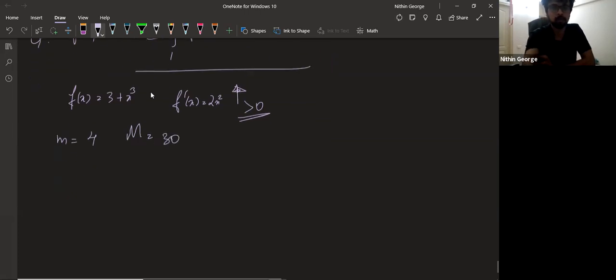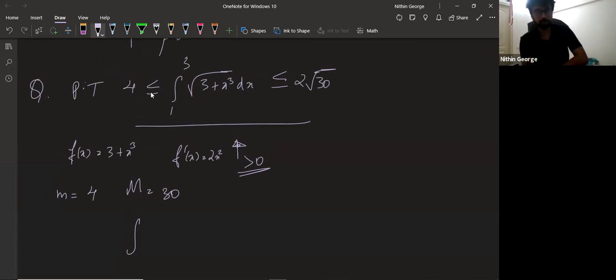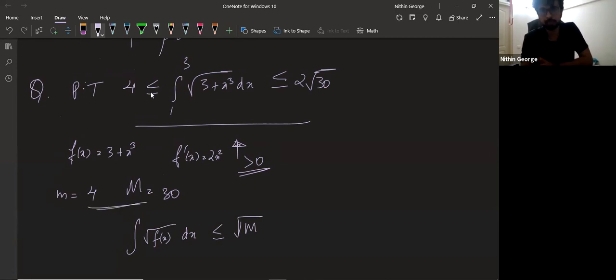So you can say here that integral root of f of x is what we are talking about. So integral root of f of x dx will be less than or equal to root of M into b minus a, where M is the maximum value of root of f of x.